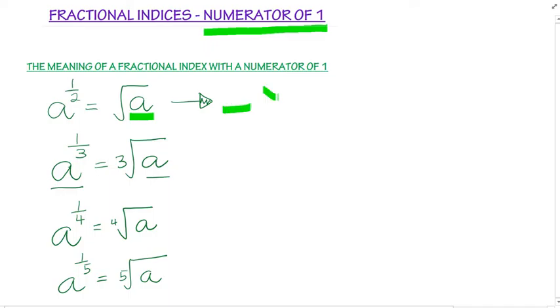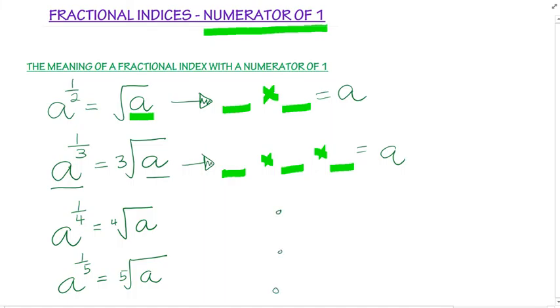Blank times blank must give me, in the end, a. And let's continue here. Blank times blank times blank, all being the same, has to give me a. And that's what it means when I see the cube root of a number. And I'm sure you could continue that going down the line.